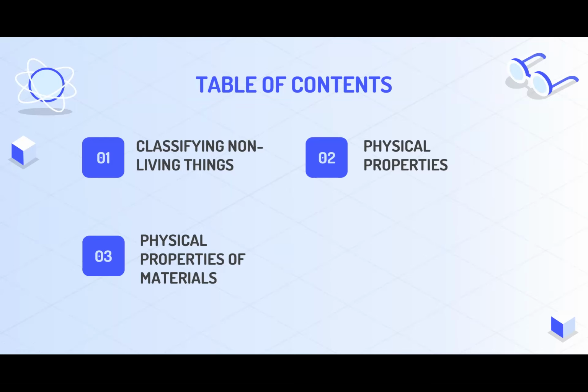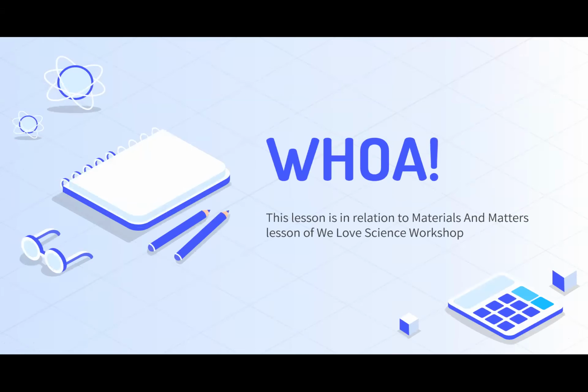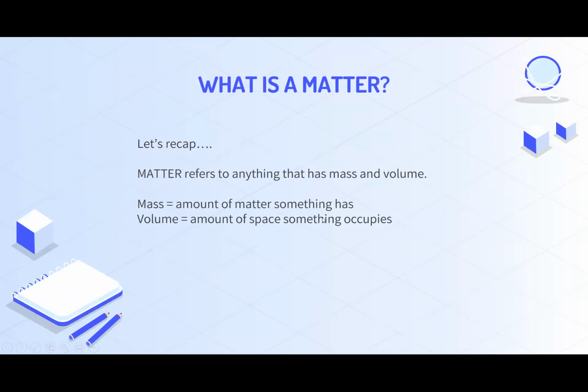What are some of the physical properties of material? Looking at the words, I'm sure for those who have joined us since the beginning, you sound familiar. It's basically similar to the material chapters and the matter lesson of the We Love Science workshop. So let's recap again what actually happened last time. What is a matter?